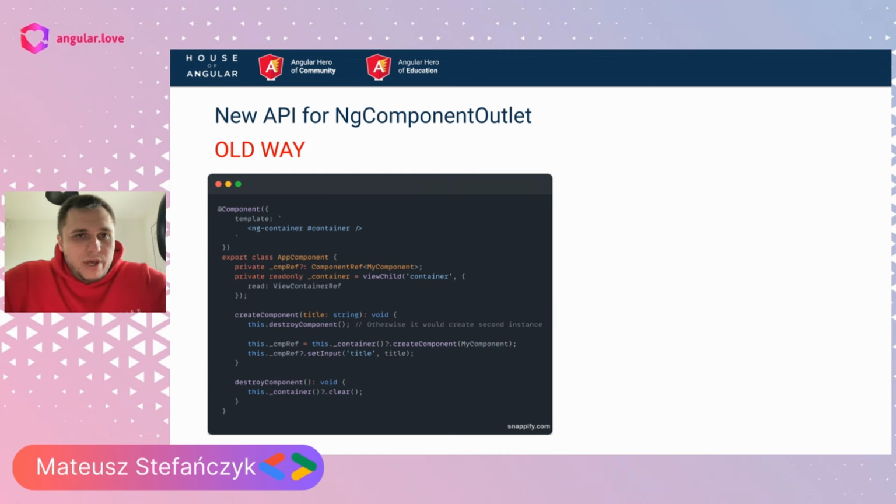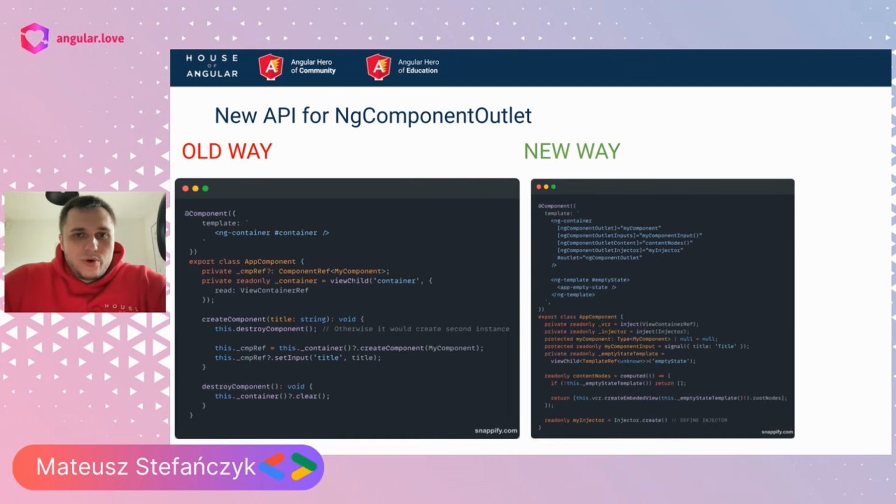So there will be a new API for ng component outlet, which we widely use for dynamically creating components. So far, we always had to do it manually by destroying the container, recreating the component, manually binding the inputs, destroying the component, and so on. Right now, we will have a more declarative way of doing this.